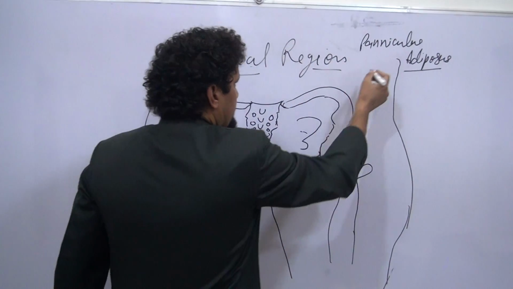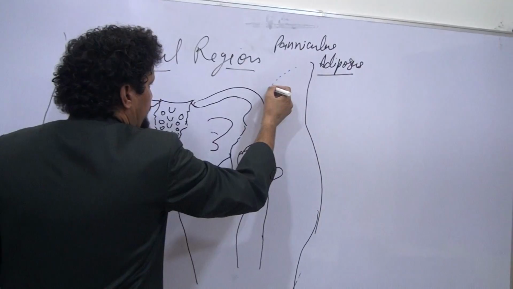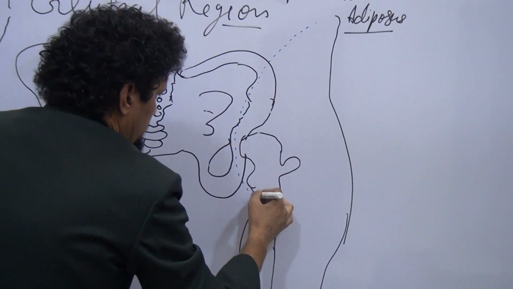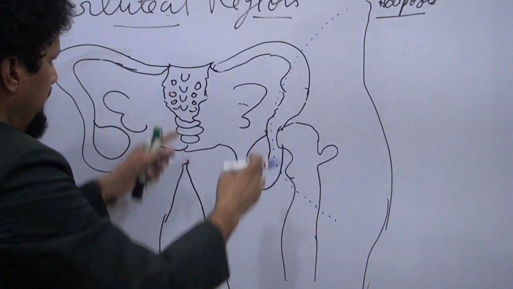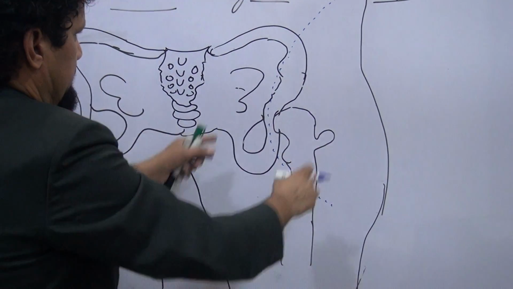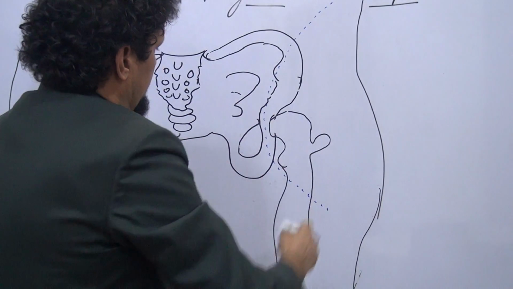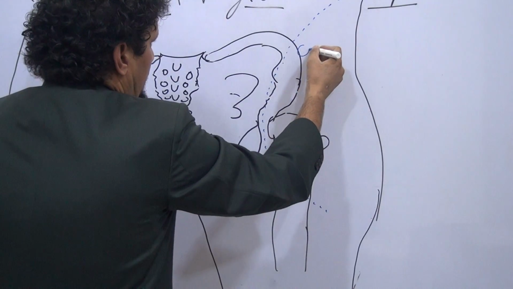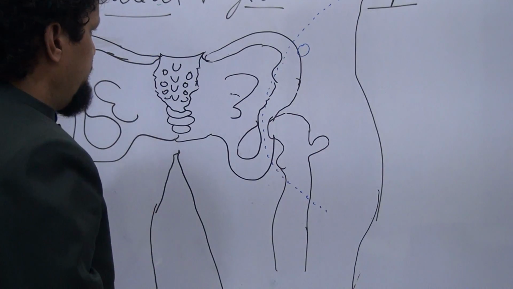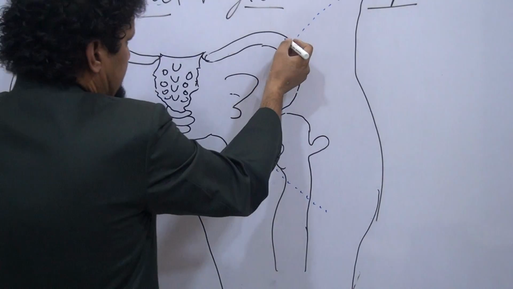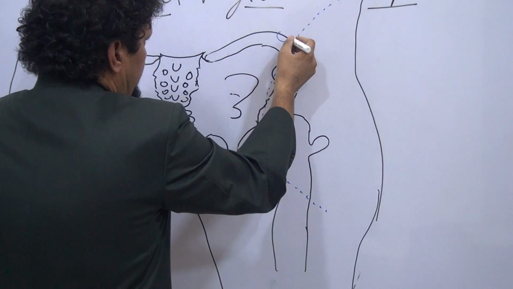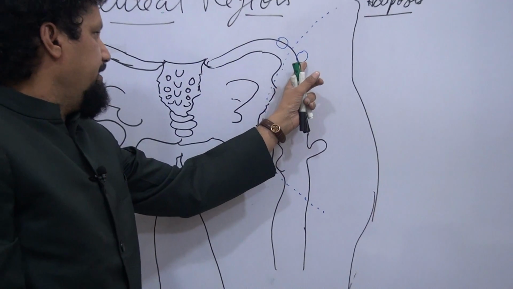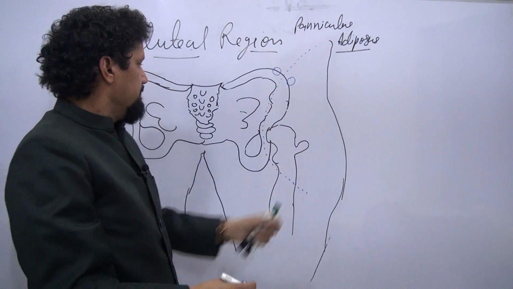So we can divide the gluteal region, this part is the buttock part and this part is the hip part. This is the anterior superior iliac spine. We can trace the tuberosity of the iliac crest 5 cm behind the anterior superior iliac spine.